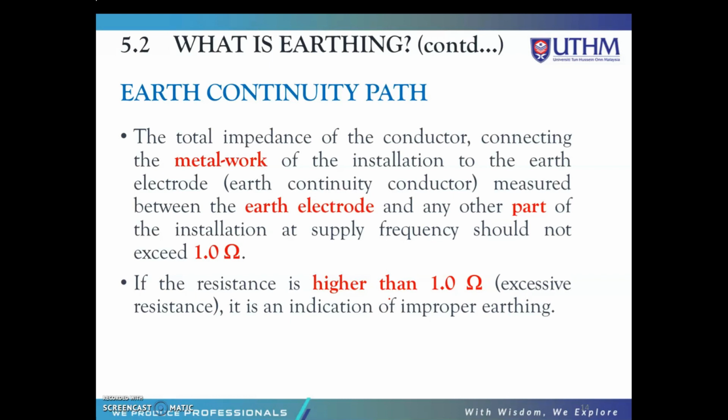Okay, so we also have to do the earth continuity test, where the purpose of this test is to check that there is a good connection between the earth pin on the plug and the case of the appliances. A good connection is defined as having a resistance of less than 0.1 ohm.